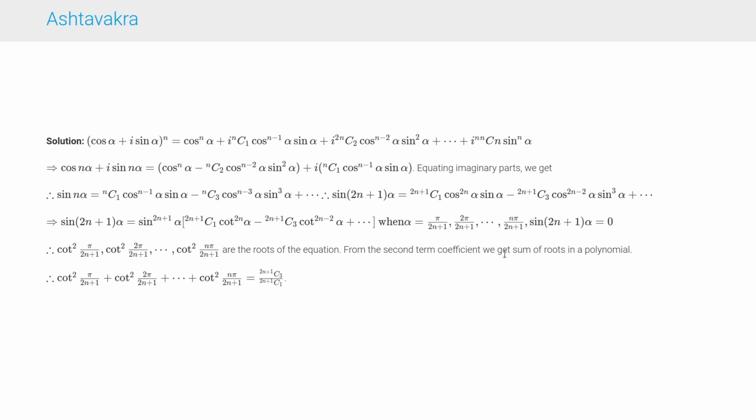So suppose there is a polynomial like a_n x to the power n plus a_(n minus 1) x to the power n minus 1 plus a_(n minus 2) x to the power n minus 2, then the sum of roots is given by minus a_(n minus 1) by a_n. That is what we are talking about, that from the second term coefficient we get the sum of roots in a polynomial, and that's why this sum would be equal to minus 2n plus 1 c3 by 2n plus 1 c1, and that's what we needed to find out.